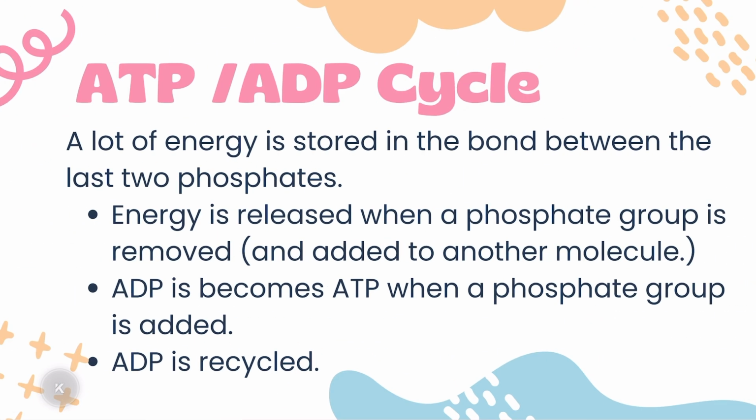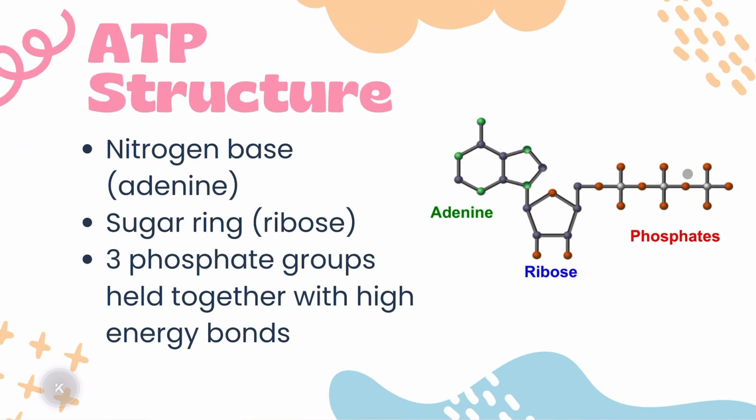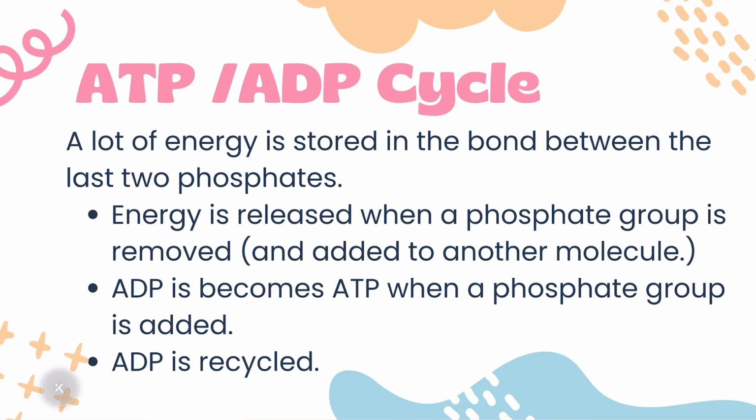So we go through this cycle where we have ATP and we use energy from it, and then we have ADP, and then we need to create ATP back again. A lot of energy is stored in the bond between the last two phosphates. So right here, between these last two phosphates, there's a lot of energy in this bond. Energy is released whenever that third phosphate group is broken off and then added to another molecule.